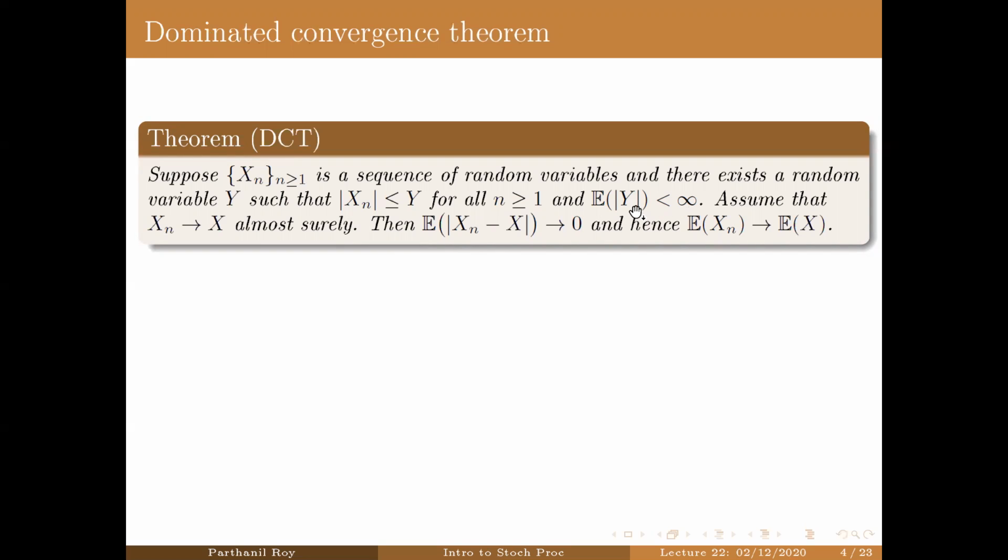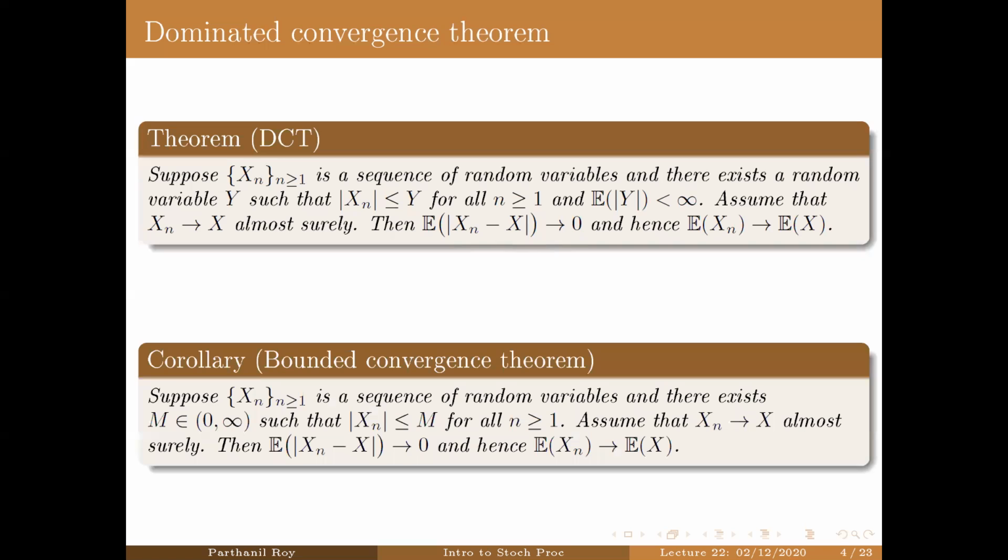In this situation, you can say that expectation of Xn converges to expectation of X. In fact, you can say even more: the expectation of the absolute difference between Xn and X converges to 0. Obviously, this implies the former because the absolute difference of the expectations can be bounded by this quantity. So therefore, this is the strongest statement.